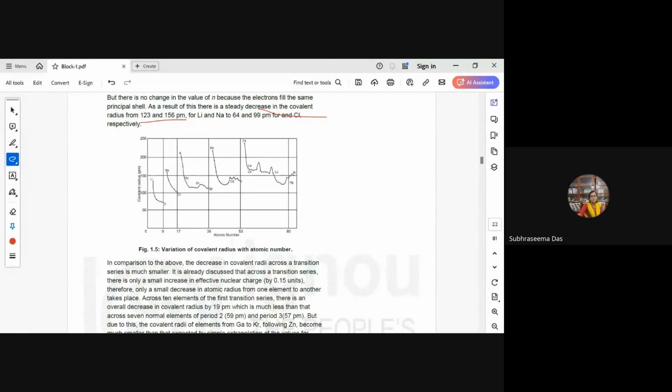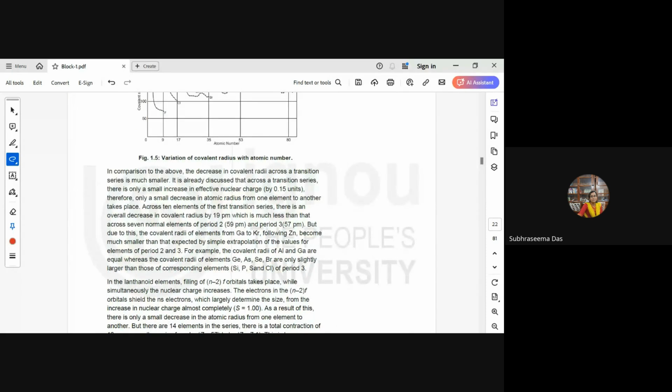In comparison to above, the decrease in covalent radii across a transition series is much smaller. We had already seen that the decrease in the atomic radii or covalent radii of a transition element series is not much marked. Although the decrease occurs, it is gradual.